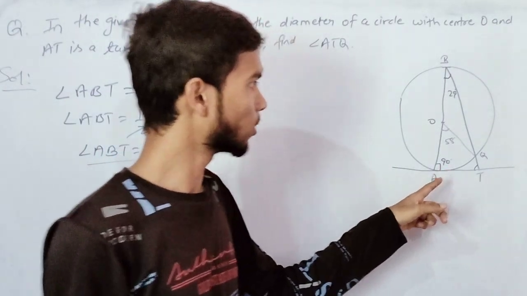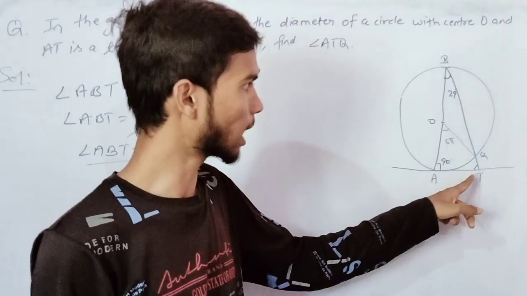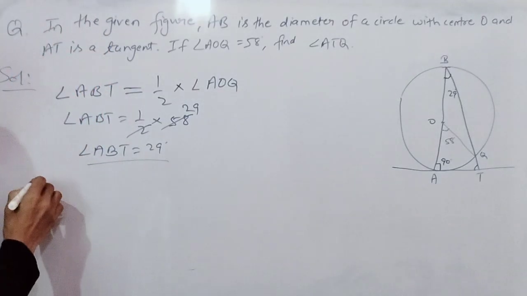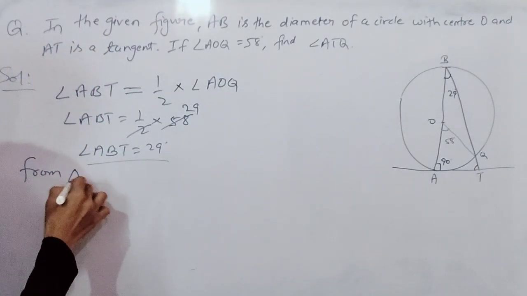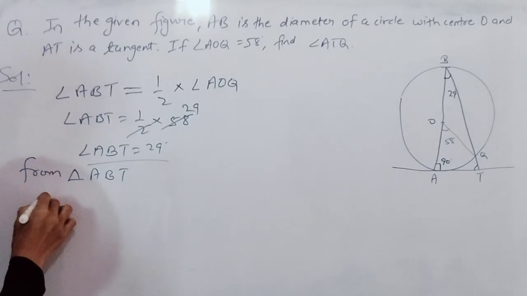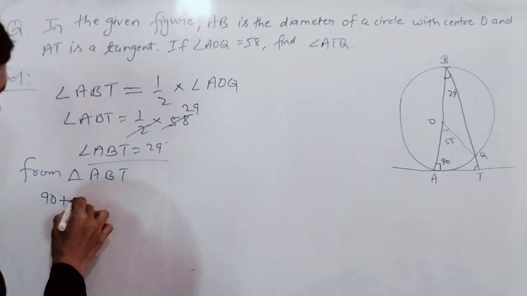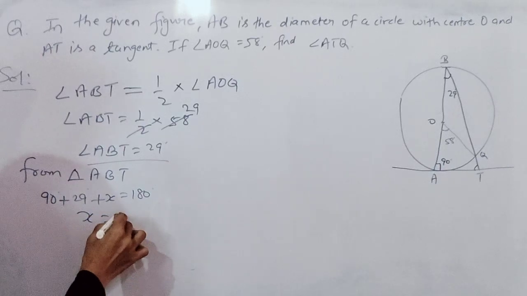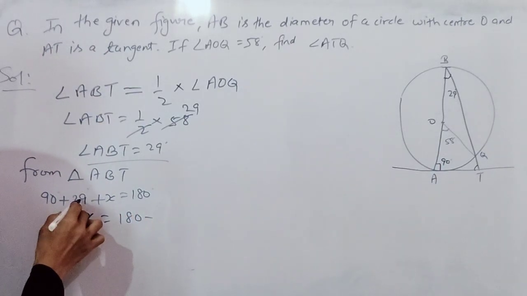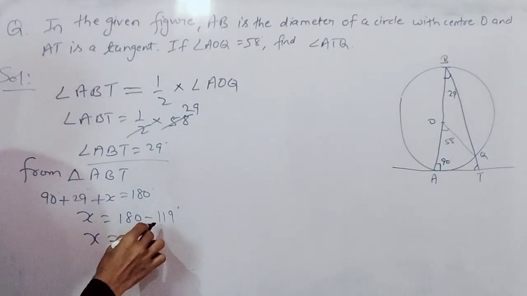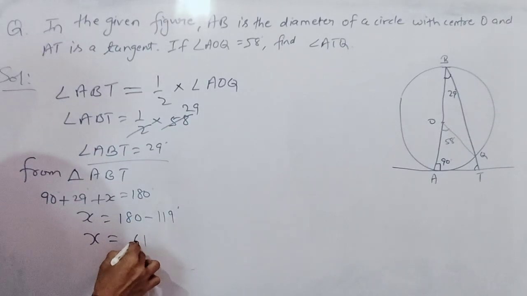Now when we take this as variable x, we can get the value of this. How? From triangle ABT. So here 90 plus 29 plus x is equal to 180. x is 180 minus 90, which is 90, minus 29, which is 61.